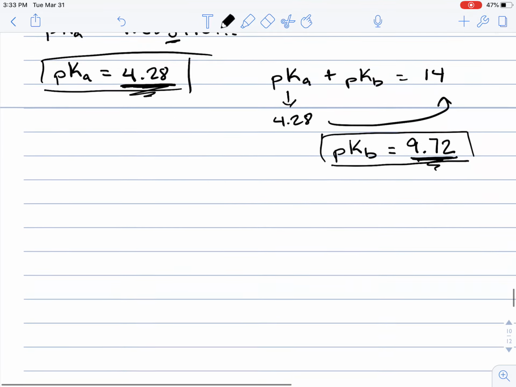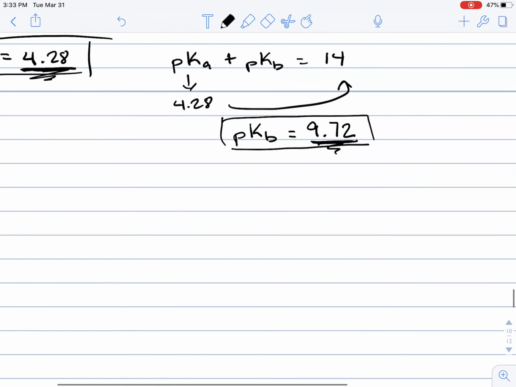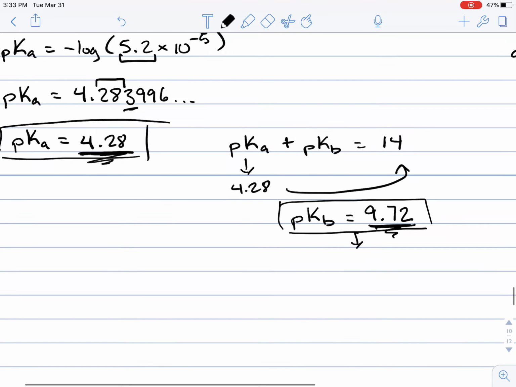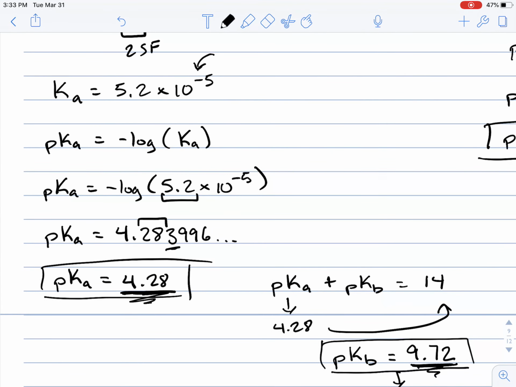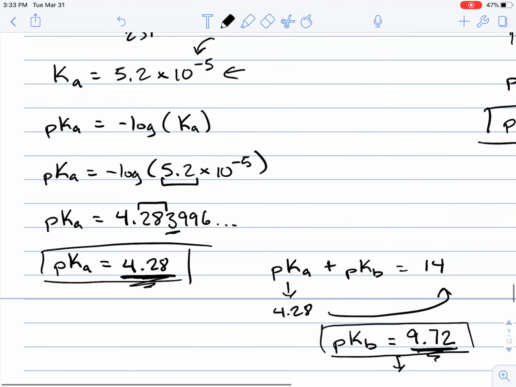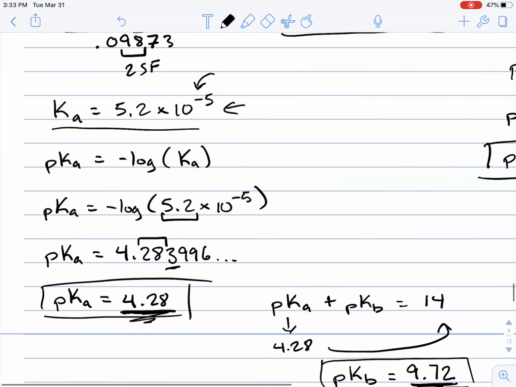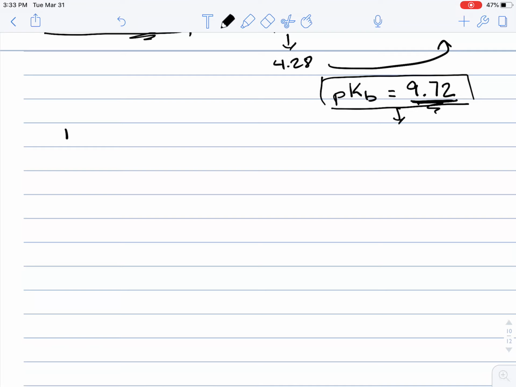All right, so the last thing that we're going to solve for is the Kb. We can solve for the Kb in one of two ways. We can use the definition of pKb, or we can use the Ka. I'm going to use the Ka. Since the Ka is 5.2 times 10 to the negative 5, Ka times Kb is equal to Kw.